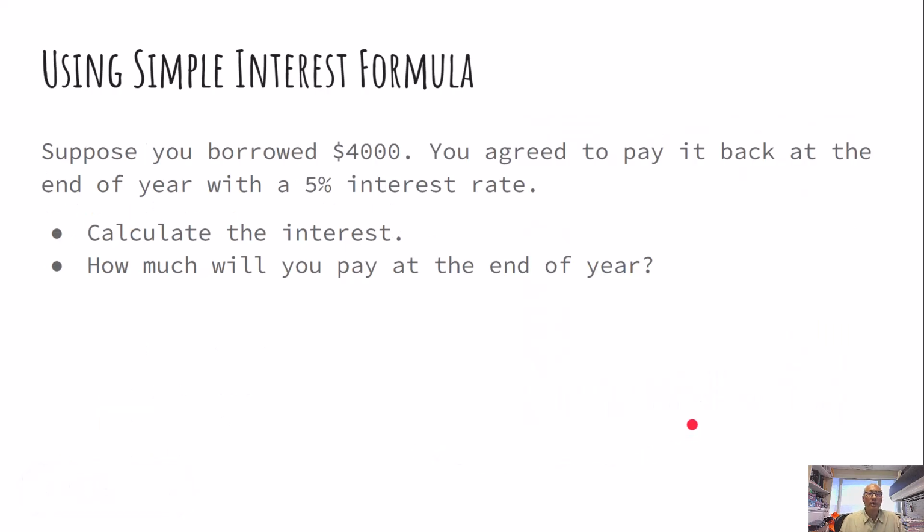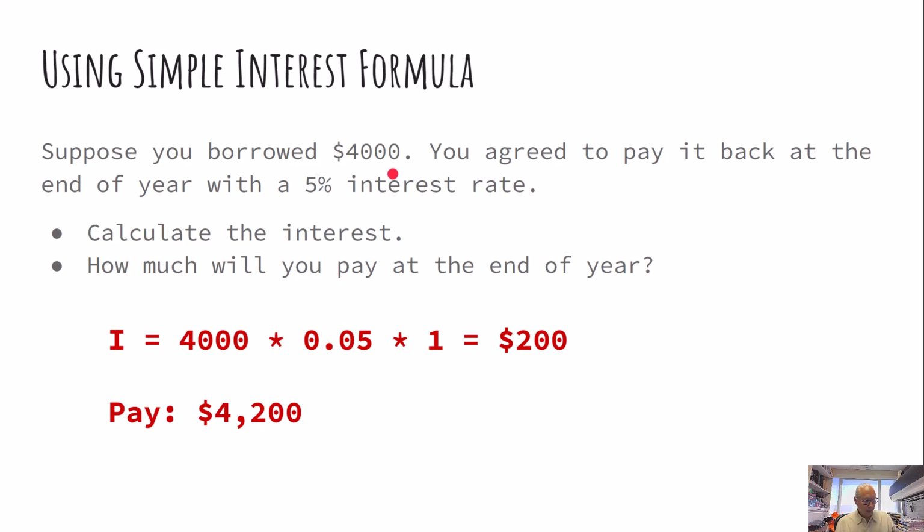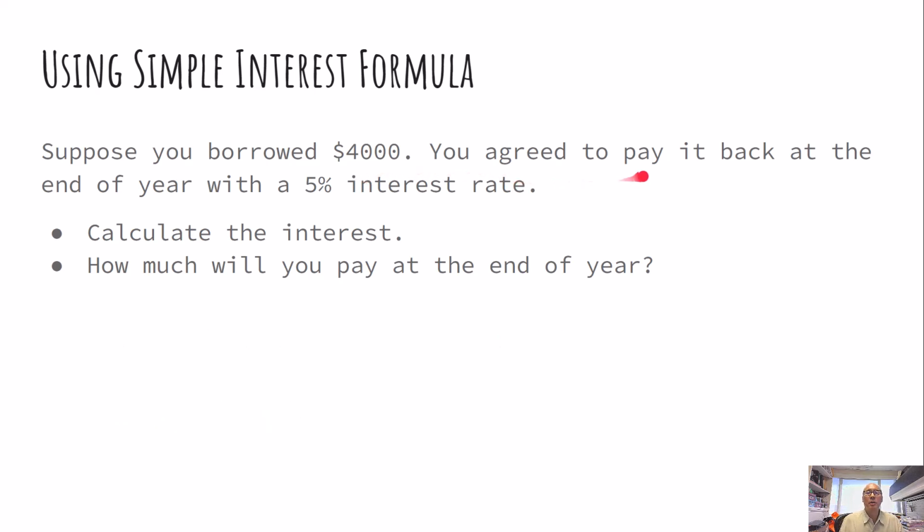And let's actually think about the simple interest calculation with an example. This is an example that we'll use throughout the presentation. Let's assume that you borrow $4,000. With the $4,000 that you borrowed, you agreed to pay it back one time at the end of the year. So you borrowed it on January 1st, you're going to pay it on December 31st with a 5% interest.